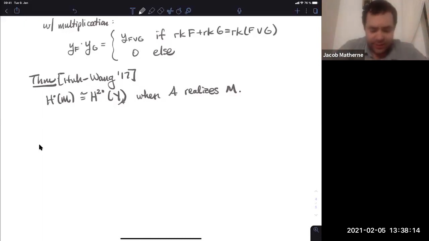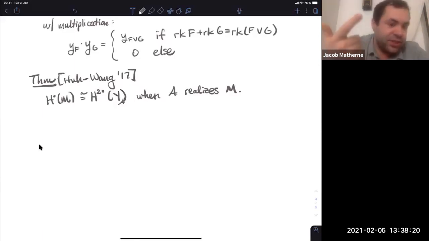There's an axiomatization of which lattices are the lattice of flats of matroids. These are called geometric lattices. If you give me a lattice, I can decide whether it is the lattice associated to a matroid or not, and this has nothing to do with realizable or not.